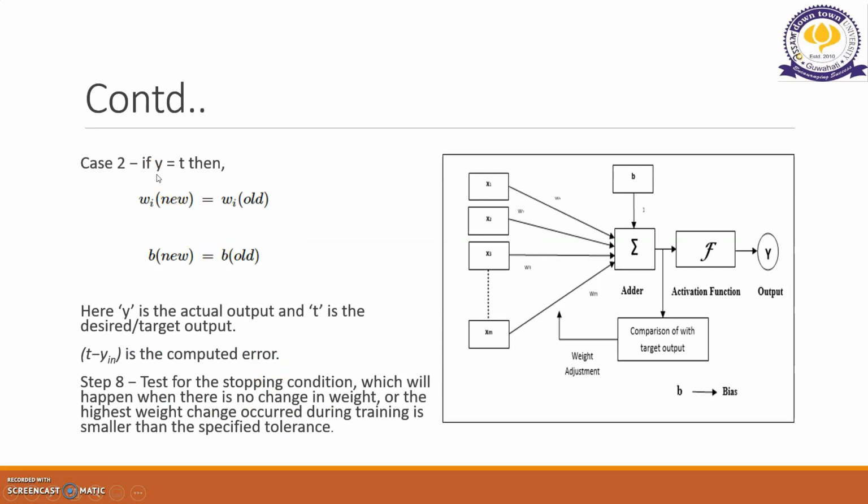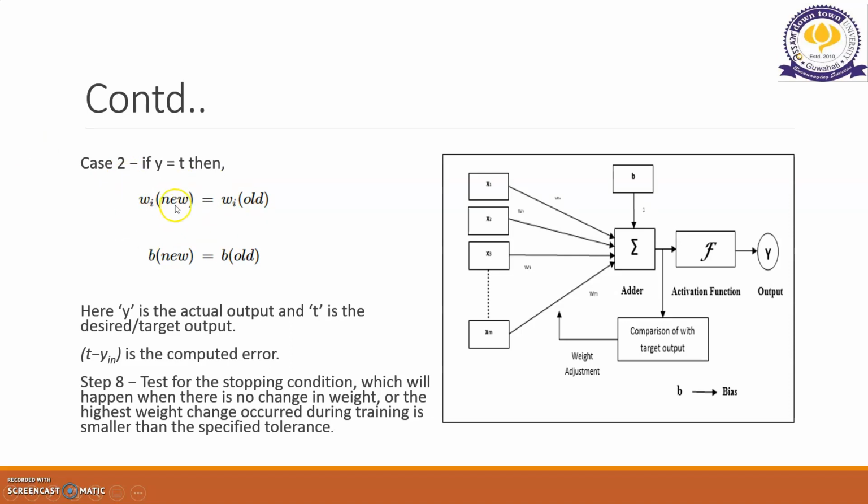Next, case 2, when your output is equal to the target value. When your output is the same as your target value, that means you have reached your goal. There is no need to update your weight and bias values because it has already reached the stopping condition.